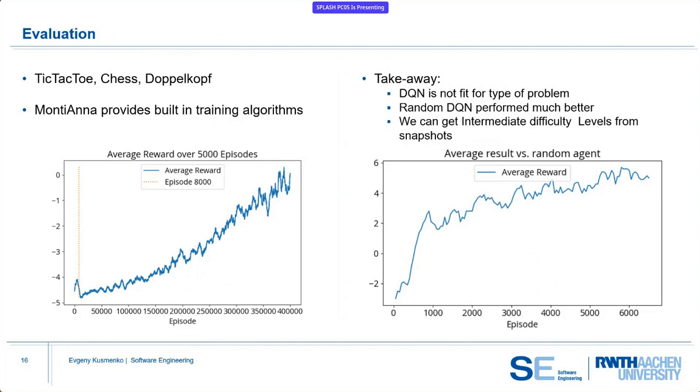Then we also compared with different, more advanced algorithms, such as random DQN and also playing against random players, which turned out to perform much better, which is depicted on the right-hand side.